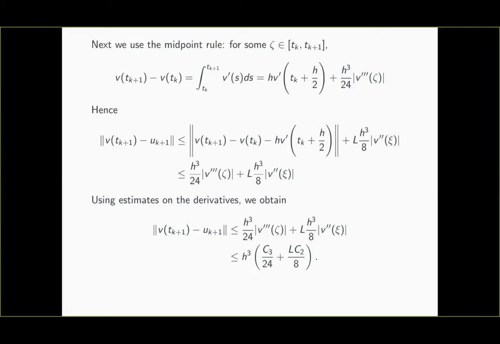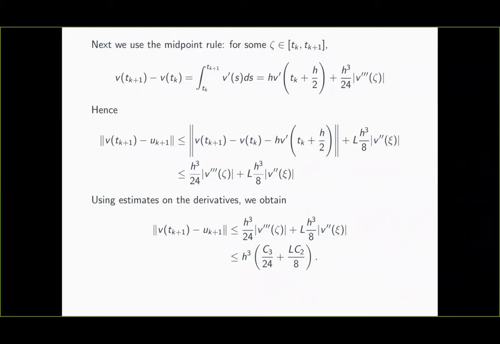So simplifying all that, we get that the magnitude of the local discretization error, v(t_k+1) minus u_k+1, is bounded from above by h cubed over 24 times the size of v'''(zeta) plus L h cubed over 8 times the size of v''(psi).